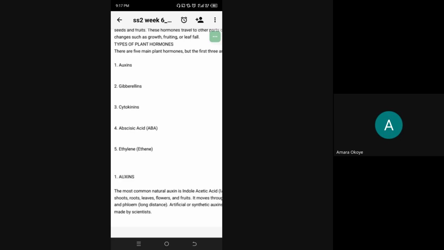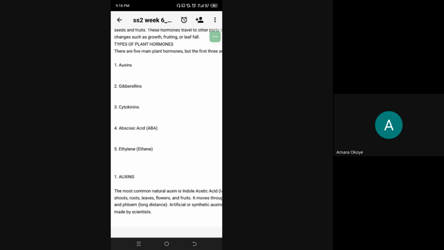But if it is diffusion, the distance is usually shorter. Is that point understood? If it uses phloem, the distance is longer. But if it uses diffusion, the distance is shorter.